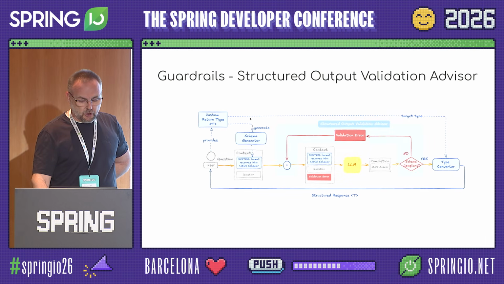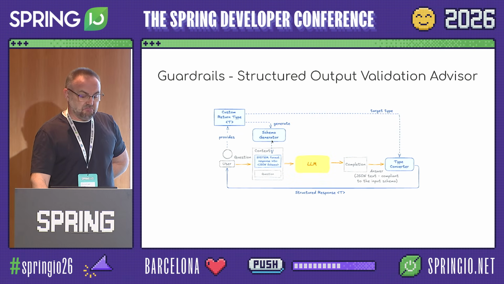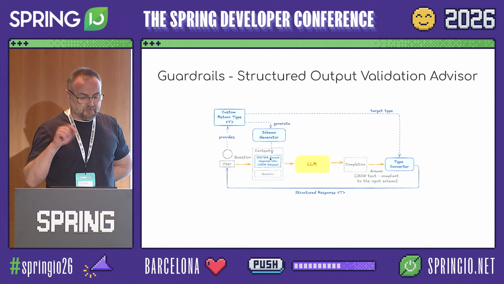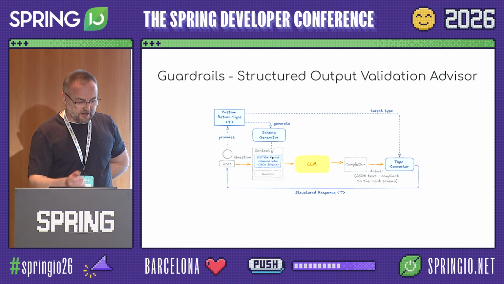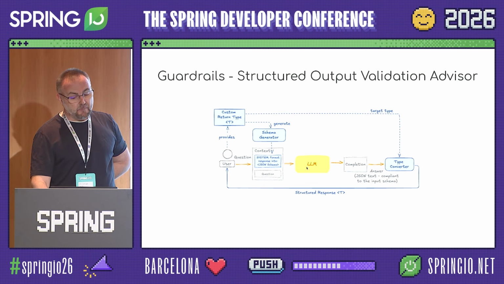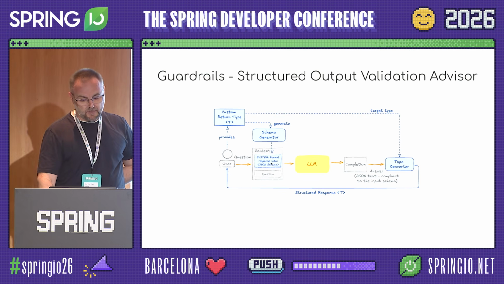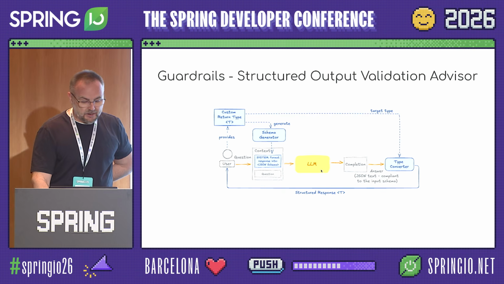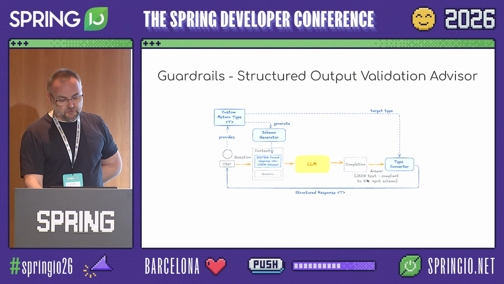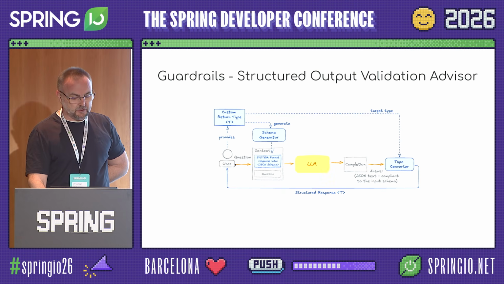Spring AI is going to convert this type into a JSON schema, automatically inject it, again intercept your input, augment your context, and ask the LLM politely to actually provide the response in this particular format. Most of the time, the LLM is going to provide the response in this format, you're going to convert it and send it back to the user.